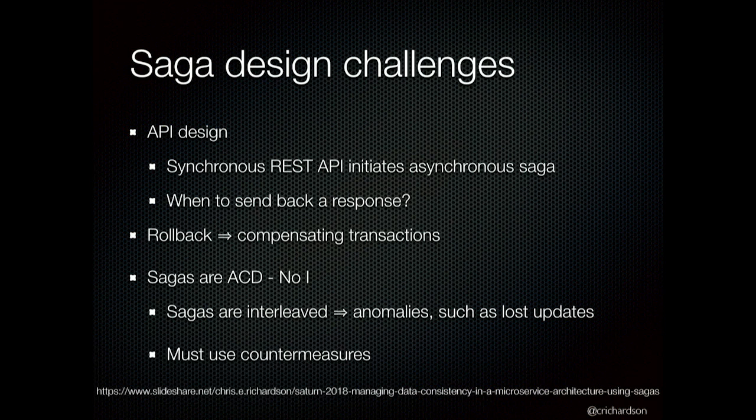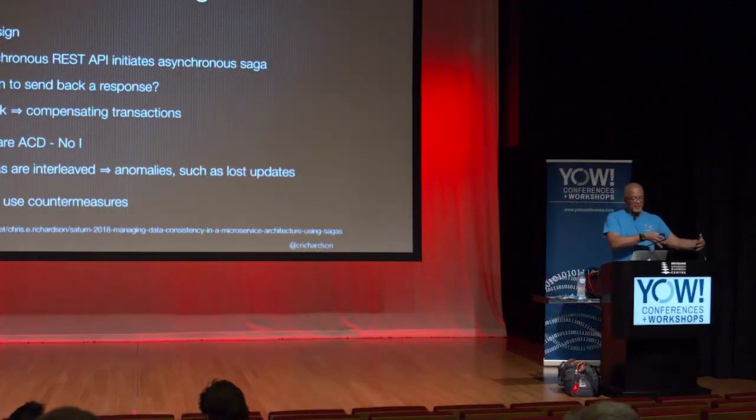Now it's initiating what is basically an asynchronous operation. So there's an issue of when you send back a response. Do you wait until the saga is completed, which would impact availability, or do you return immediately once you've initiated the saga, which means you can't tell the client the outcome of the operation?